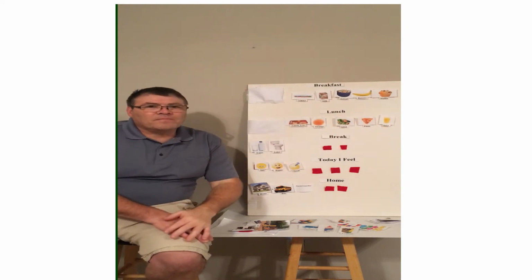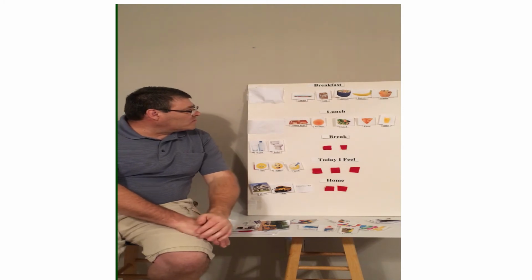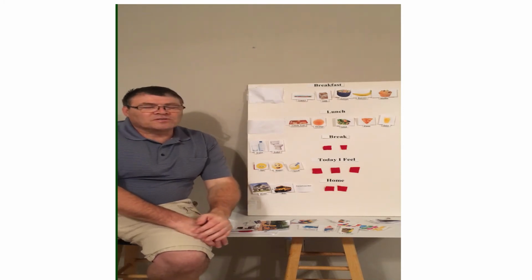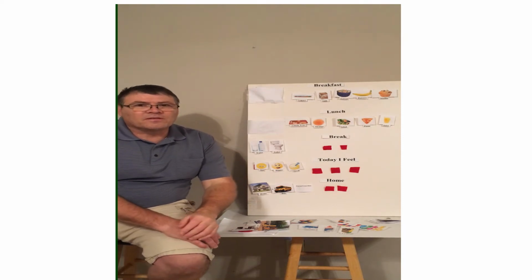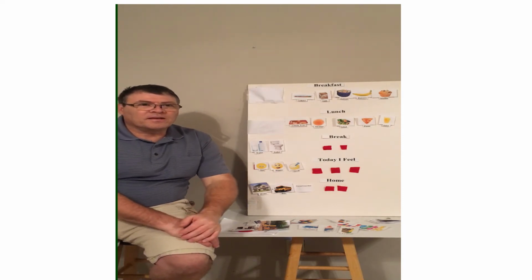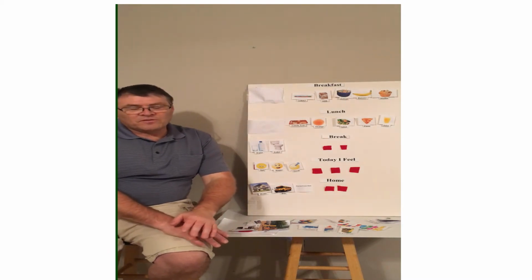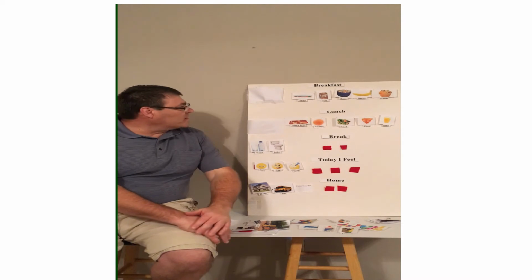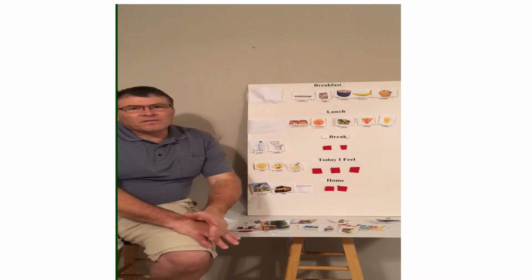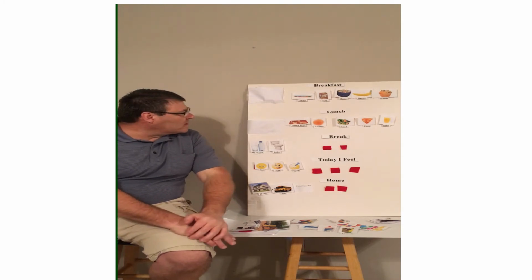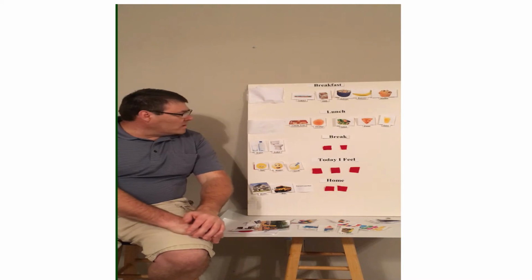Now, as they get used to this, and you get used to seeing what they choose, it's usually the same things every day, because children with autism like routine, and many of them have sensory issues, so they'll usually choose a lot of the same items, and it becomes more predictable. But this also allows for the transition and gives them a choice and lets them know what's going on.